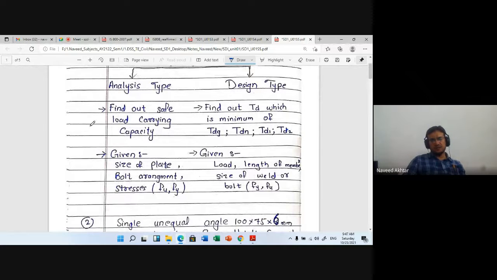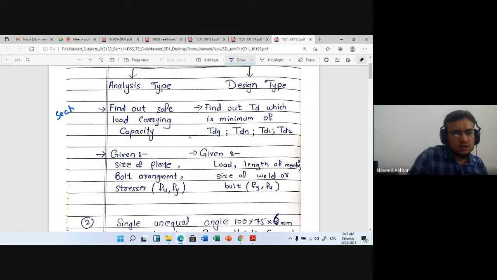So tension member design problems are of two types. One is the analysis type problem, another is the design type problem. In the analysis type problem, the section is known, and you have to find out the load carrying capacity W or P for the section.